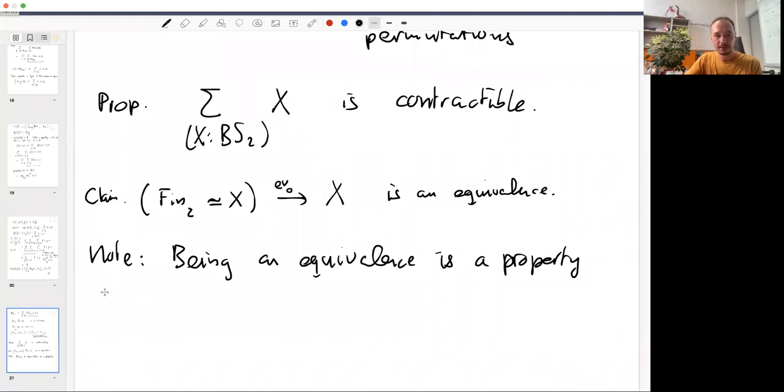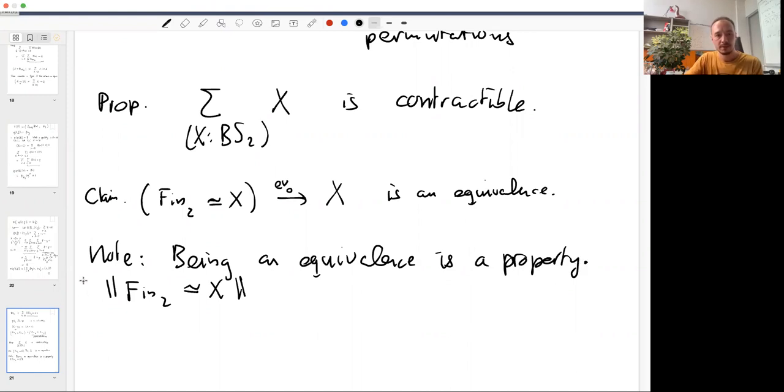And we have something, namely that Fin 2 is equivalent to X, because X is assumed to be in BS2, or maybe it should be equals here, but it doesn't matter. So this is a full stop.